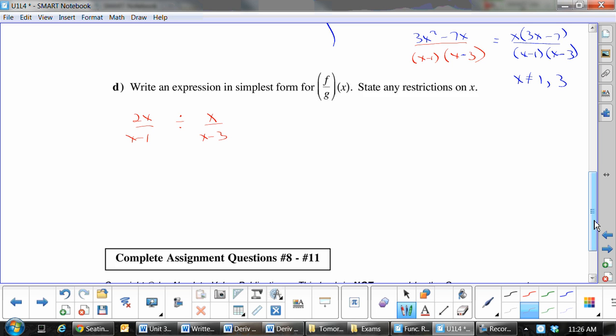So then I would get 2x over x minus 1 times, I'm going to use a dot, so my x's don't start to get all confused, x minus 3 over x. Okay, what's really nice here is now that I've done this, my x's will cancel. And then I get 2x minus 3 all over x minus 1.